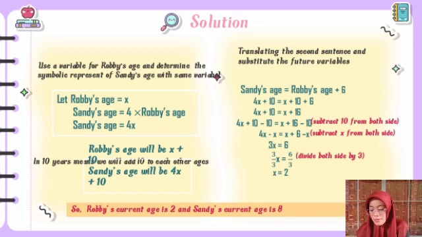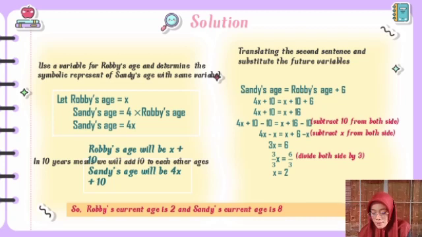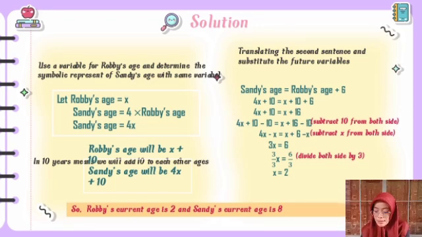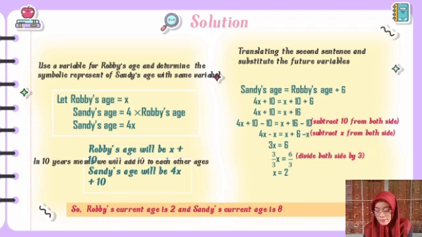Next, subtract 10 from both sides. So 4x plus 10 minus 10 equals x plus 16 minus 10.